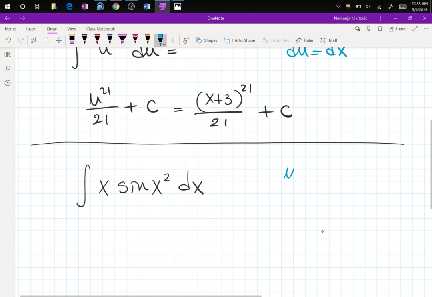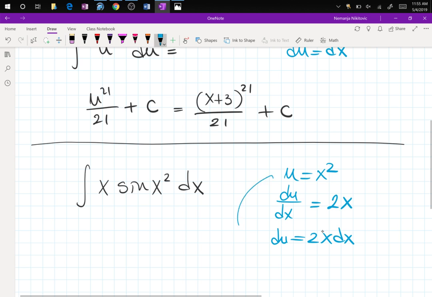So if I define my u as x squared, then my du over dx would be 2x. And then I shift my dx to the other side, I get 2x dx.